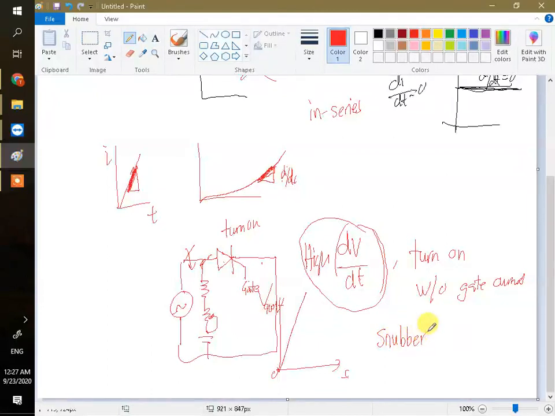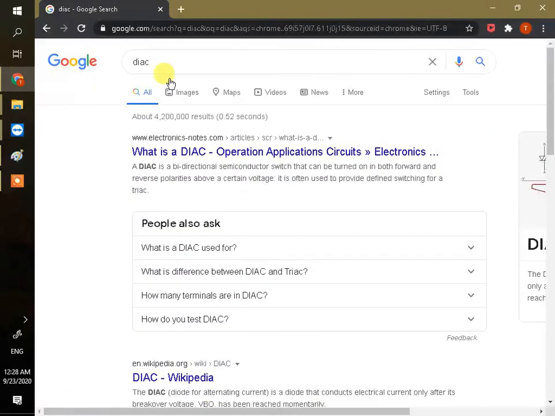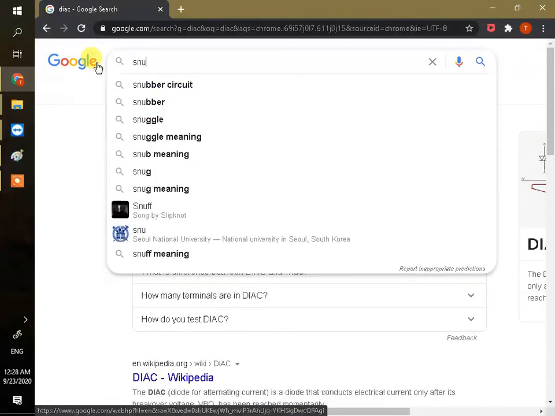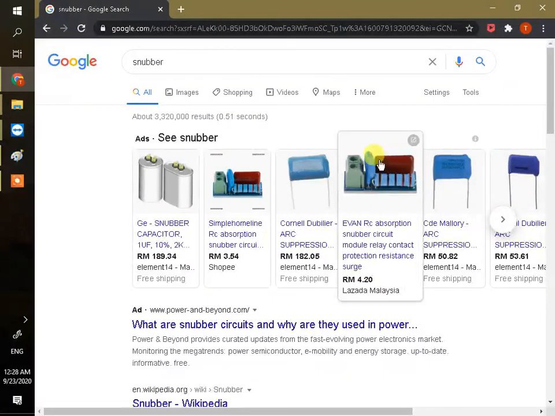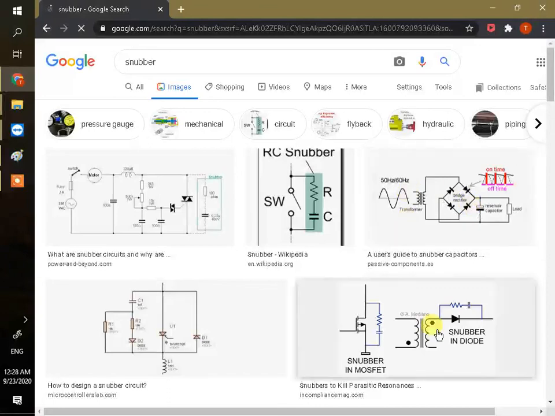This circuit is called the snubber circuit. You can Google it. If you type snubber, it looks like this. We can actually buy it, but the circuit looks like this.